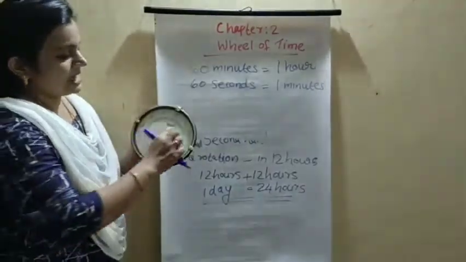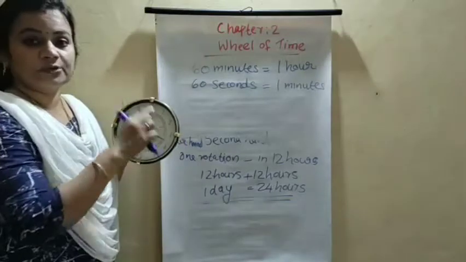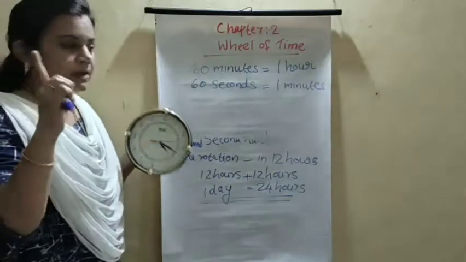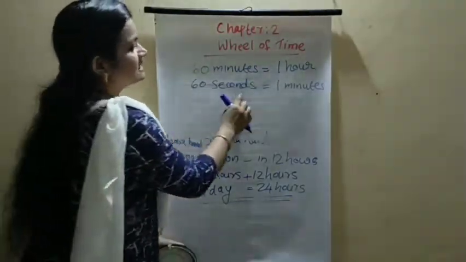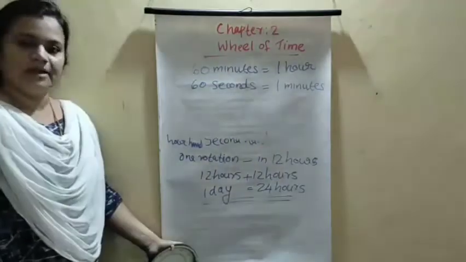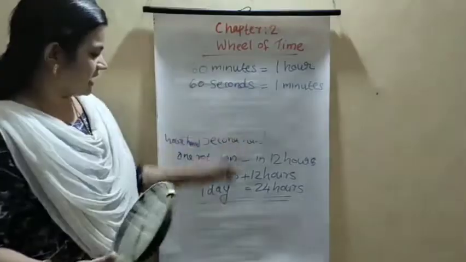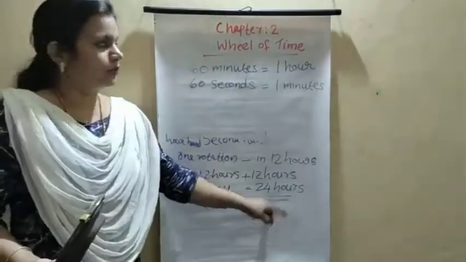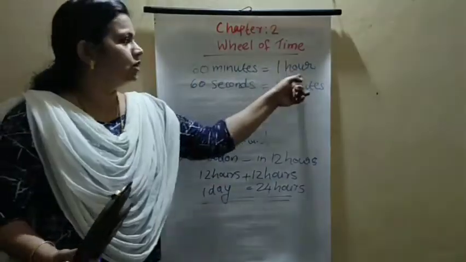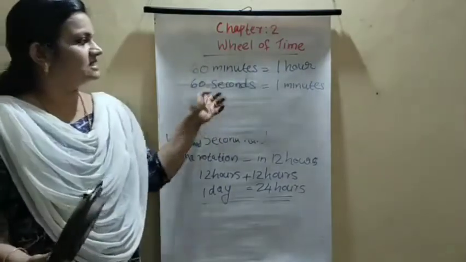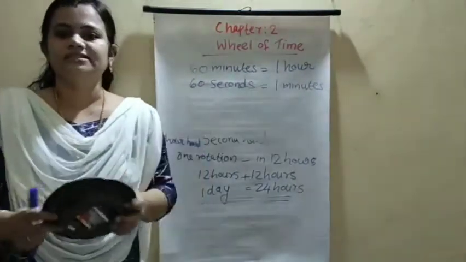Next, the second hand completes one rotation in 1 minute, so 60 seconds equals 1 minute. Understood all? So in this topic you have studied 1 day equals 24 hours, 60 minutes equals 1 hour, 60 seconds equals 1 minute.